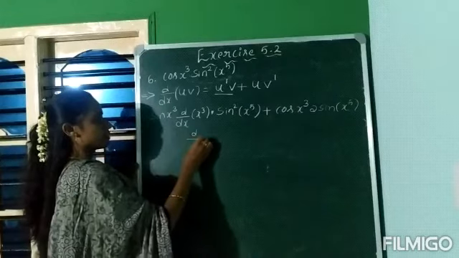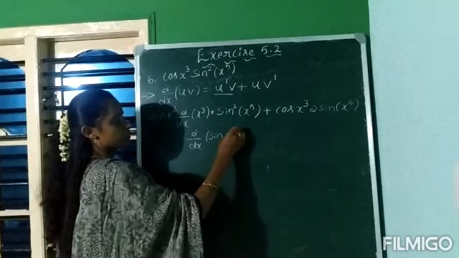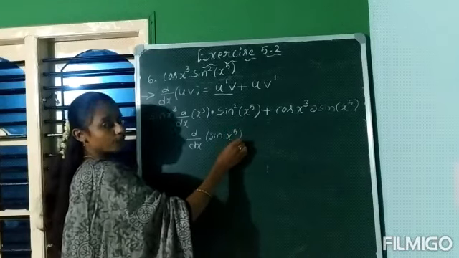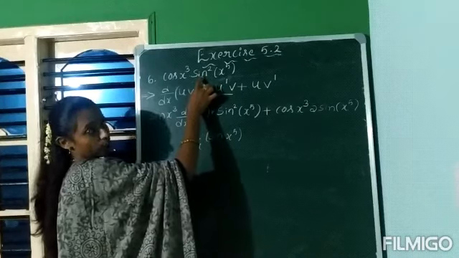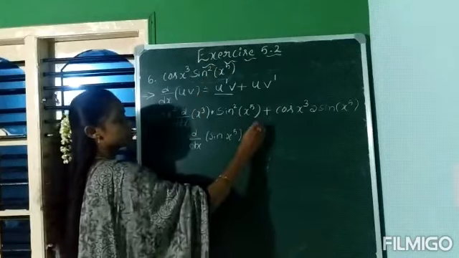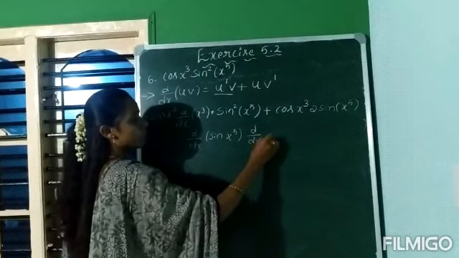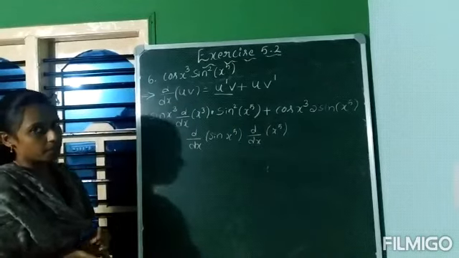Again you need to differentiate the sine. As I said, this is a composite, so we differentiate this sine square, and then again you need to differentiate this inner function, that is d by dx of x power 5. Don't mess up the steps.